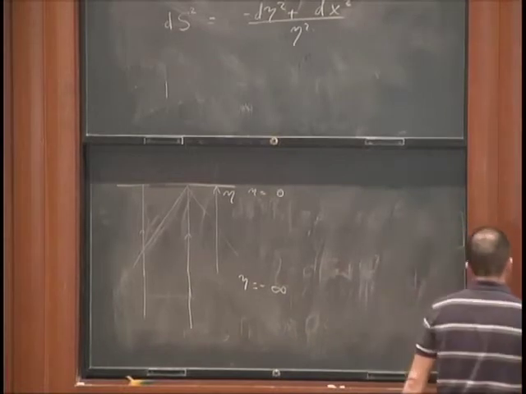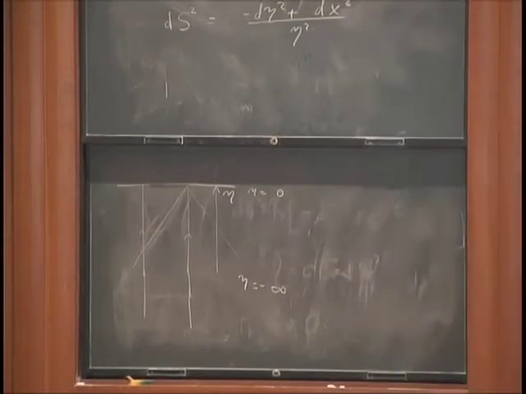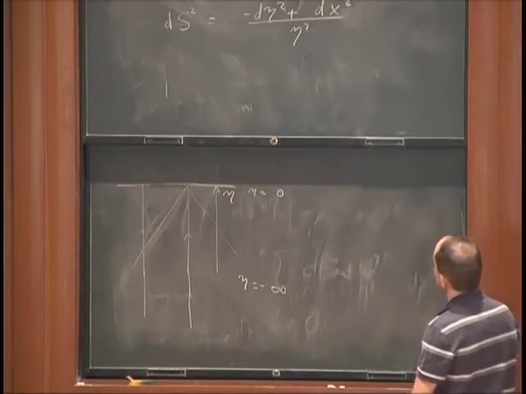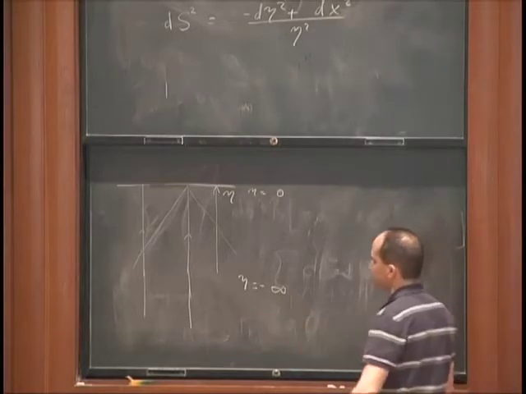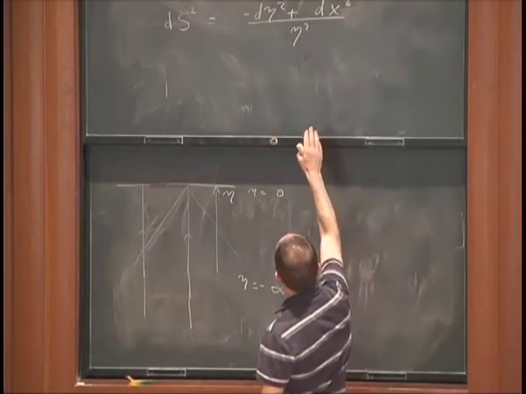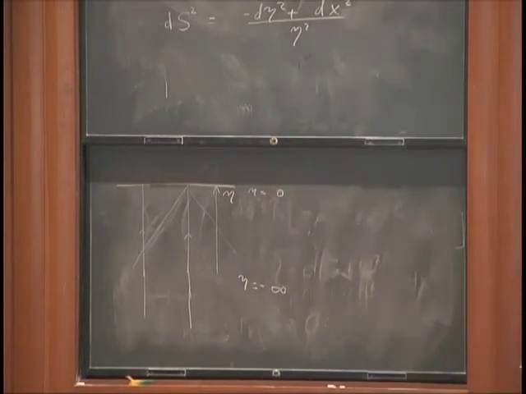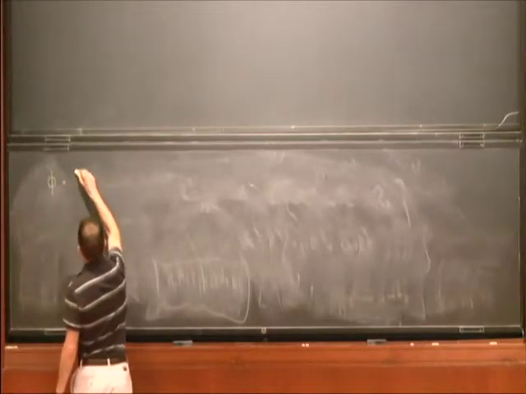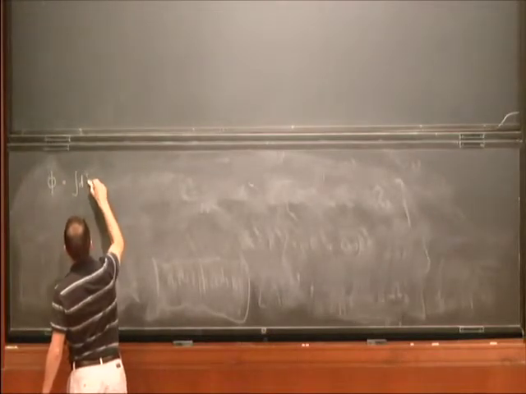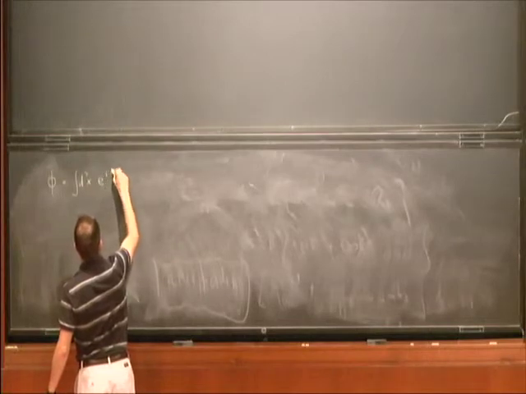Okay. Now, in order to do this calculation, it's useful to break up the field into Fourier modes. I mean, we can use the symmetries of de Sitter space to our advantage. And we have a translation symmetry in x. So we're going to expand the field phi in Fourier modes. We use the usual Fourier decomposition, phi of x.